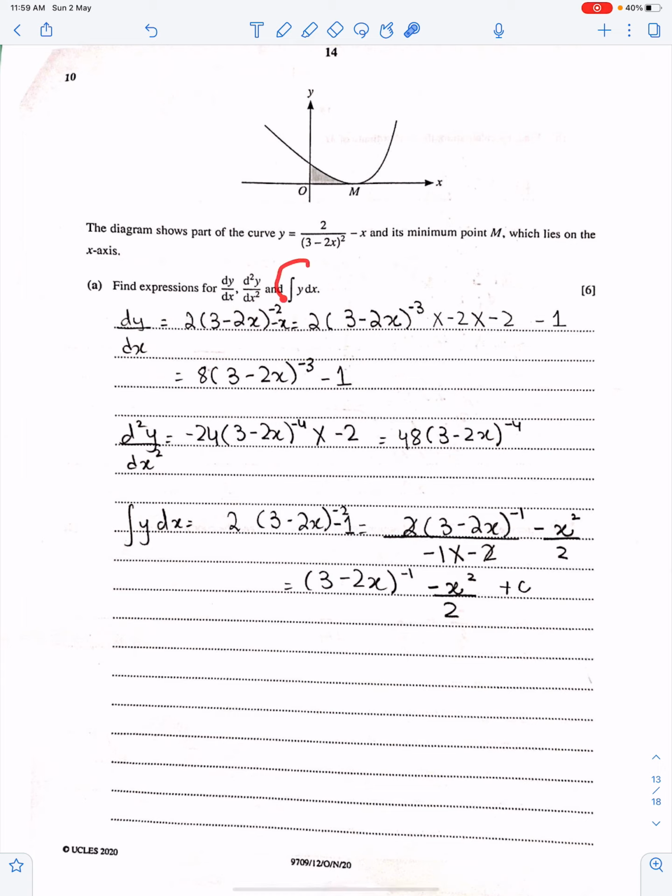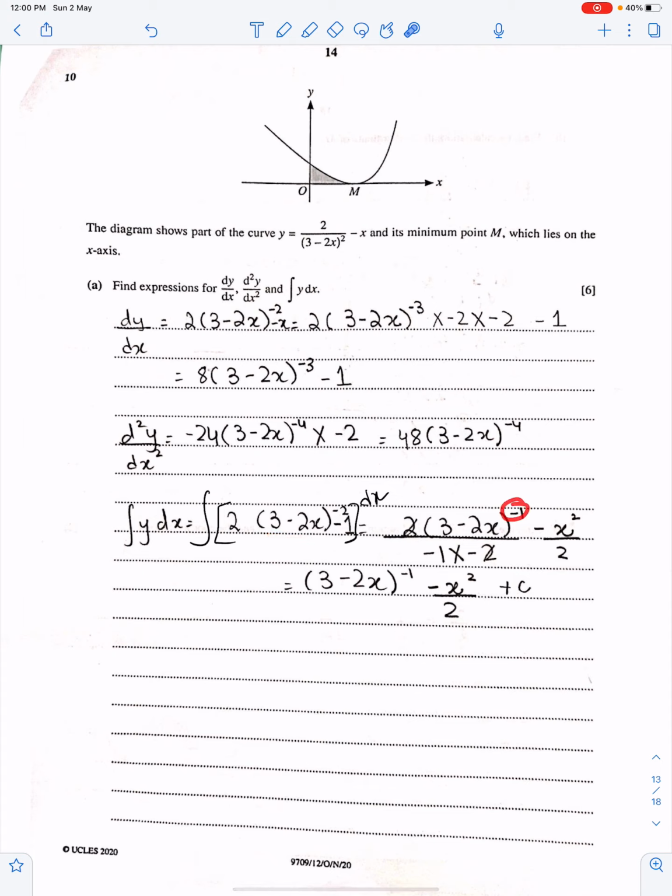Now you have to work for this. For that, you need to bring this expansion in numerator, and then you need to integrate this. Square bracket should be here with operator dx. So when you integrate, 3 minus 2x, you need to copy the coefficient as it is. So 3 minus 2x whole power minus 2 will become 3 minus 2x whole power minus 1.